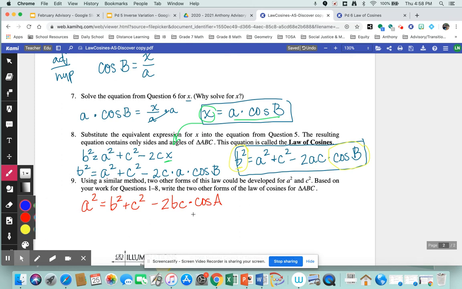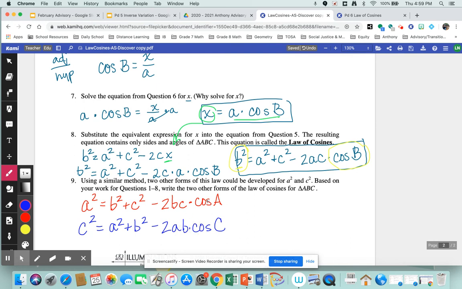We did a squared, we got b squared. Let's do it for c squared. This is the one we see mostly. So c squared, and then out here we know we're going to have cosine of angle c. So now we put a squared plus b squared minus 2ab times cosine of c.